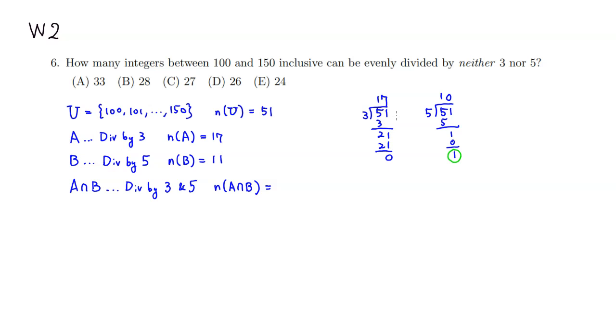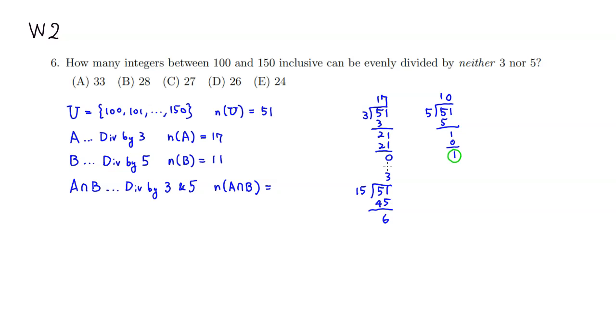So every 15 numbers, you see a number divisible both by 3 and 5. So 51 divided by 15 is 3, then you have 45, and the remainder is 6.